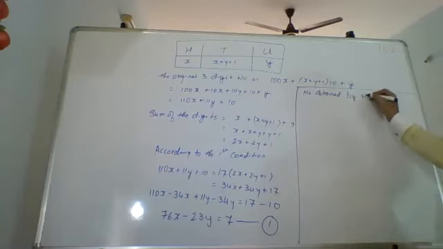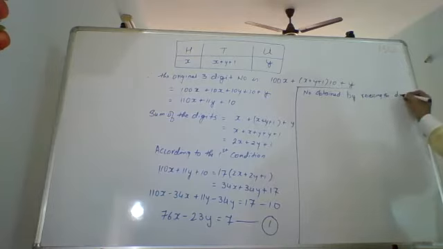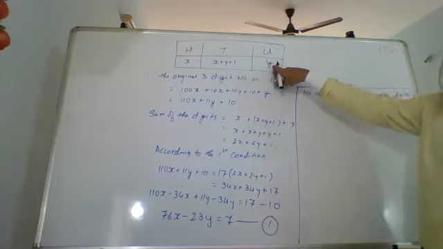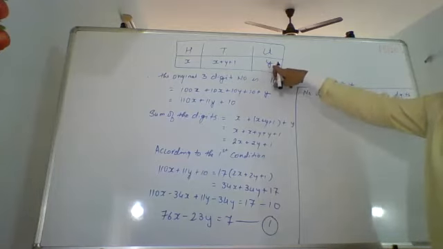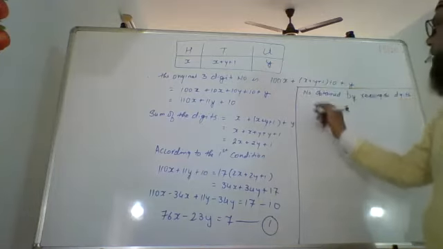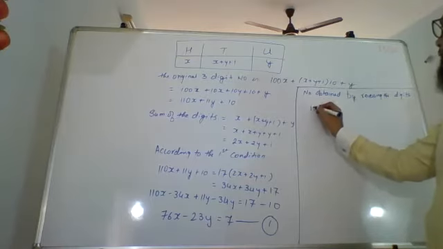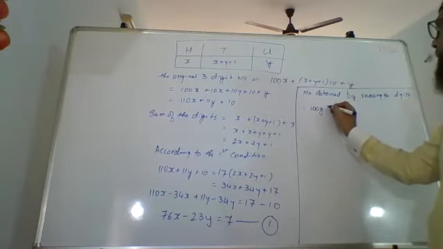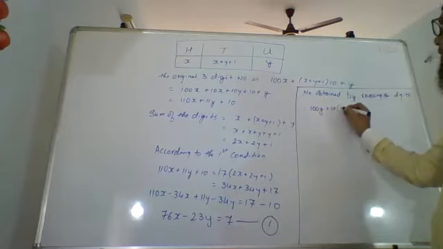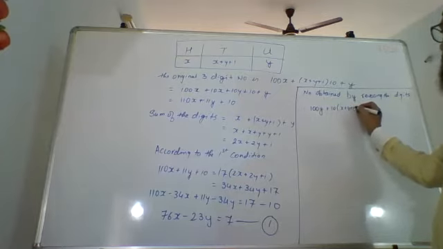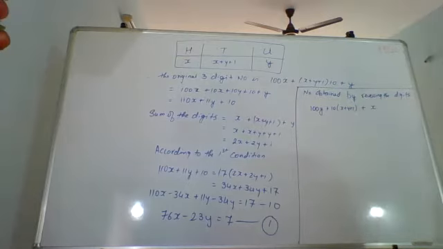Number obtained by reversing the digits. Now what is going to happen? This is going to become hundreds. So this will become 100y plus 10 into the middle term, which will be the same, that's not going to change, plus x, which is going to come into the units place.